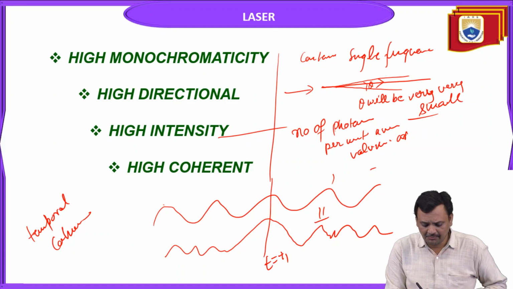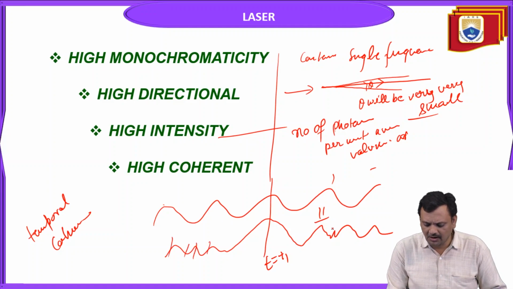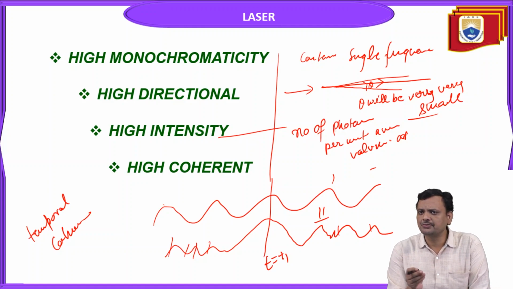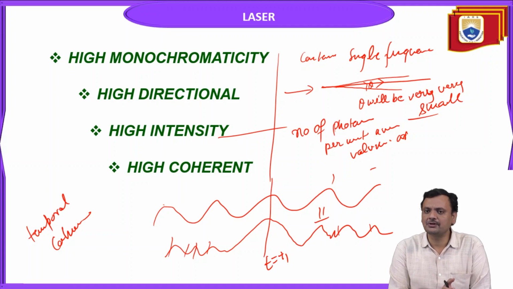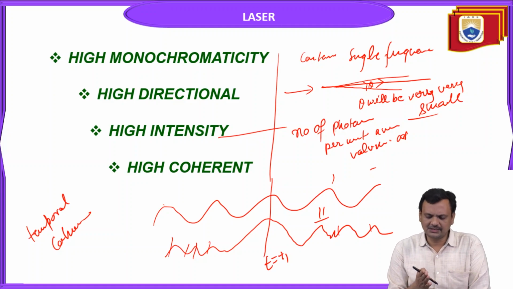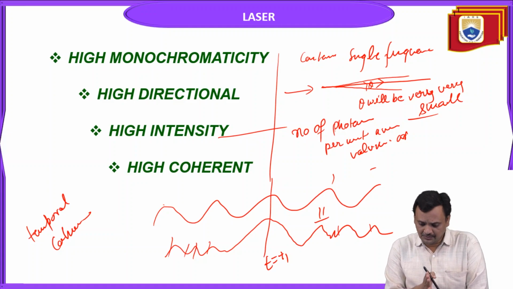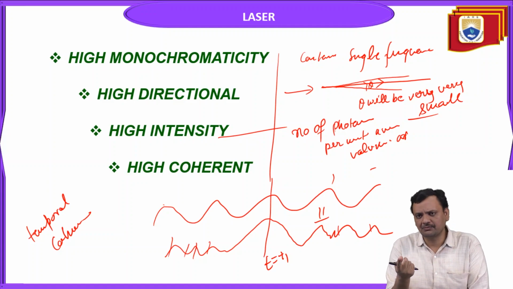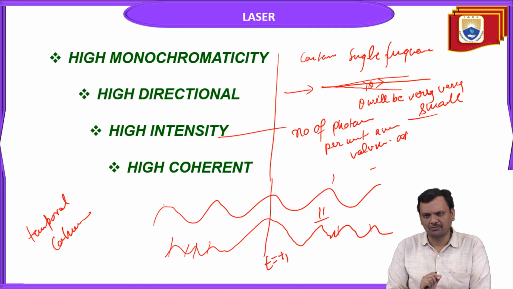But at all the points in space, they are not in phase. So at a particular moment, these two waves follow the same phase. Such coherency is known as temporal coherence. These waves will be in phase with respect to a particular time, or at a particular moment.